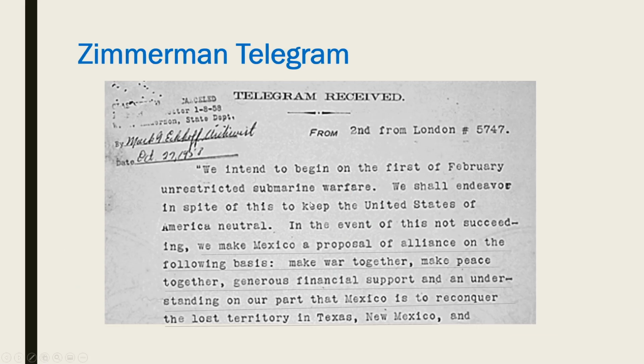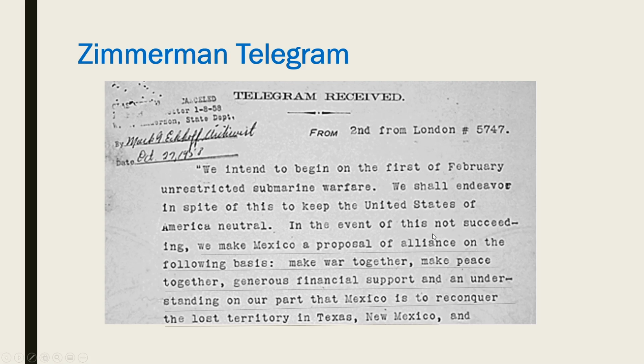And here's what the Zimmermann telegram actually said, just if we're curious. So it says, we intend to begin on the 1st of February unrestricted submarine warfare. We shall endeavor, in spite of this, to keep the United States of America neutral.